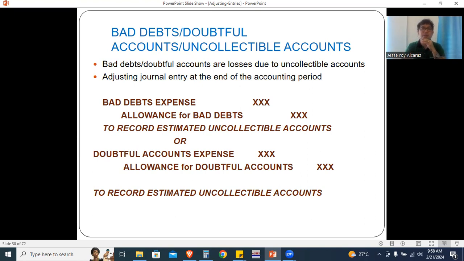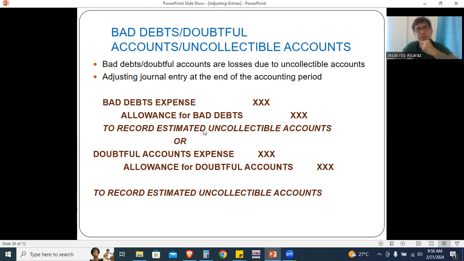So for some various reasons, dili siya makolekta. Therefore, it is important, it is much as a conservative approach. Anyway, so the point is there is a portion of your collectibles that will not be collected. So muna siya ginatawag ng mga bad debts.